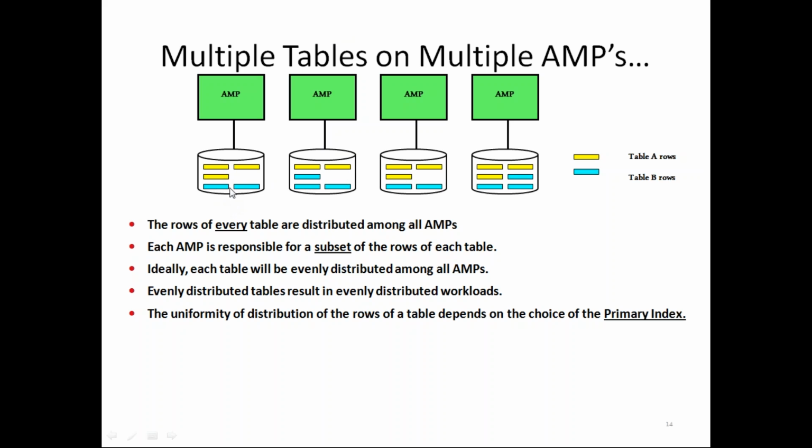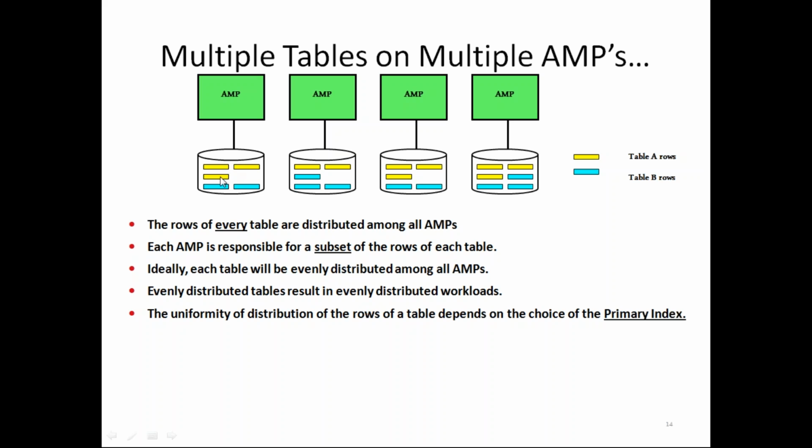If you consider the blue color rows, okay, these color rows also distributed evenly across all the available virtual disks. Okay, so the distribution should happen in such a fashion so that the Teradata can process the information parallelly.